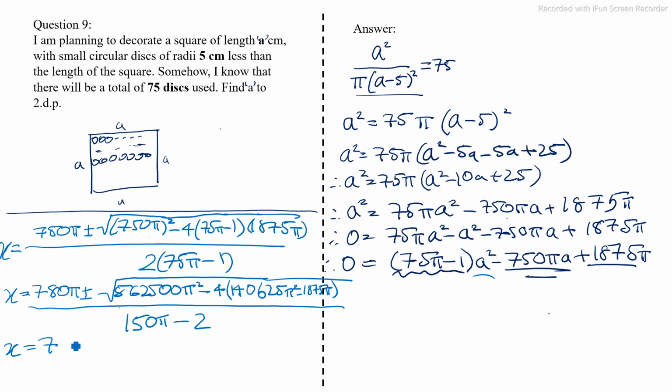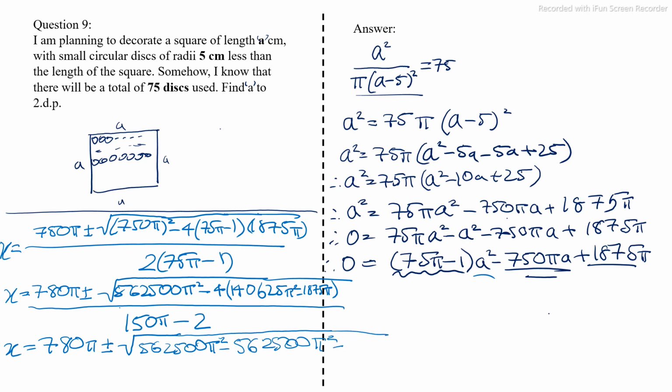That's 750 pi plus minus root of 562,500 pi squared. 4 times 140,625 equals 562,500, guys. 562,500 pi squared.